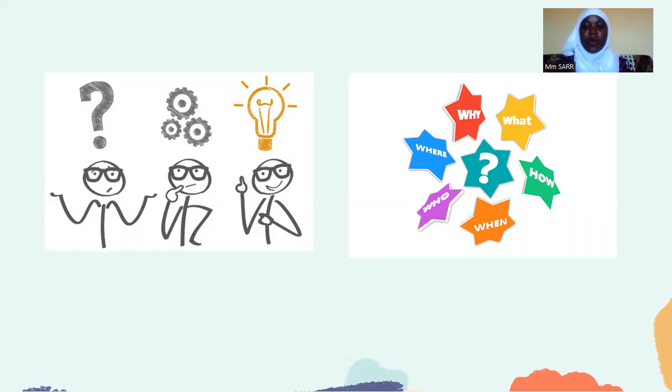We have a question mark in the middle, and around it we have WH question words. We have why, what, how, when, who, where. So all this is where something is not clear. If you don't know, you use these question words to ask questions. Okay.